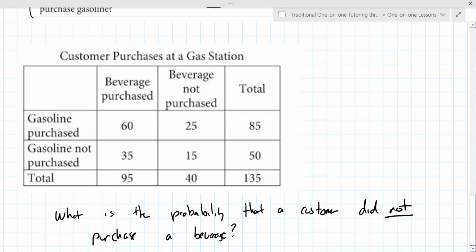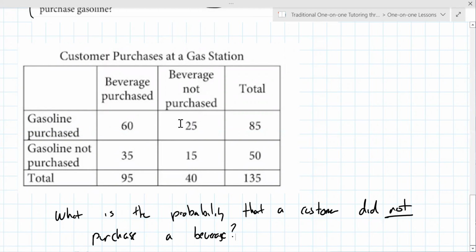I know what that is. That's that right there. Beverage that the customer did not purchase. That was 25 people who did not purchase a beverage.